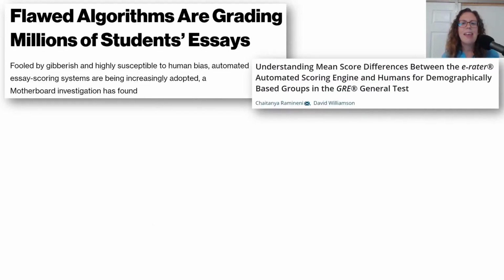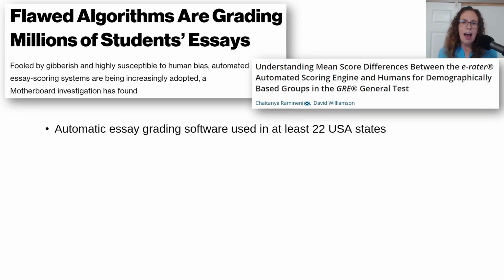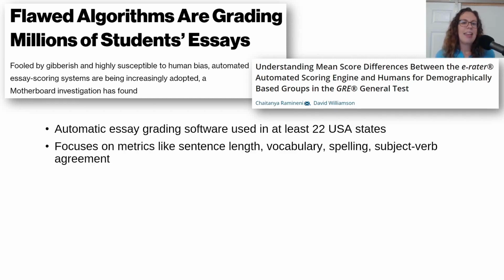Another example is essay grading software. This essay grading software, I believe, is being used in 22 states now in the United States. Yes, 22 states, and it tends to focus on metrics like sentence length, vocabulary, spelling, subject-verb agreement, because these are the things that we know how to measure and how to measure with a computer.